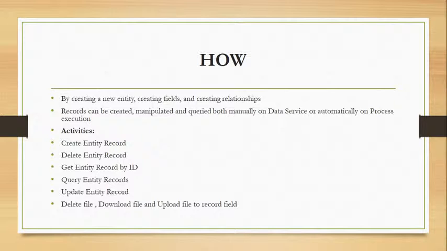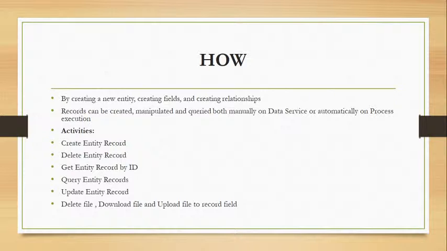First thing, create entity record. If you want to create a record, you can do it by process execution from Studio. You can also delete an entity record using delete entity record. Get entity record by ID: you can get a record's information by using the ID. The ID is of GUID type, a unique identifier, so each record has a unique ID.